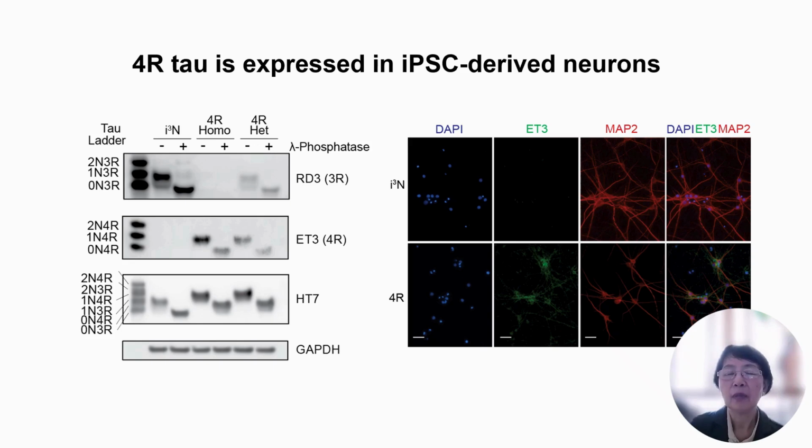The 3R tau protein isoform recognized by RD3 was detected only in heterozygous and parental neurons, but total tau protein was observed in all neuronal lines. This observation was further validated with immunocytochemistry. Only 4R neurons were stained with the ET3 antibody. Phosphatase is used here to remove phosphate groups.